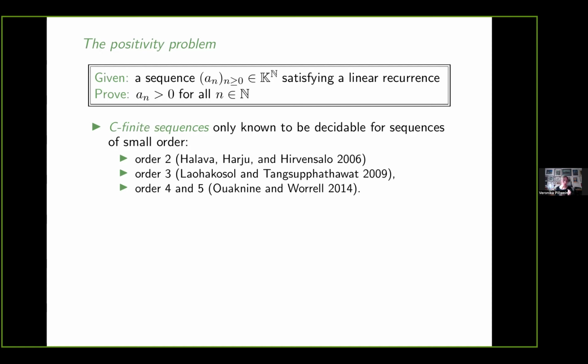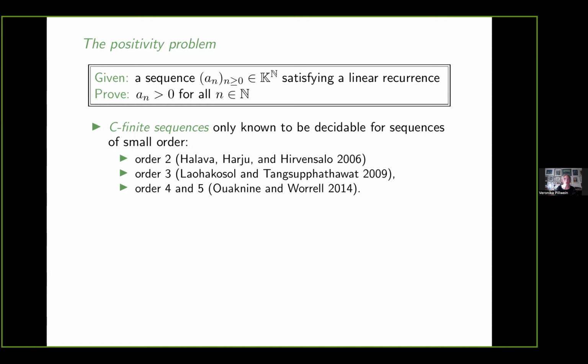This is in part because of the Skolem problem that I just mentioned, which decides whether a C-finite sequence has a zero, and this is notoriously difficult already. If I can decide the positivity problem, I can decide if a sequence has a zero, because I can show that the squared sequence is greater than zero.